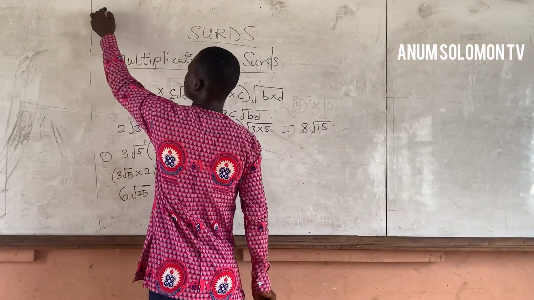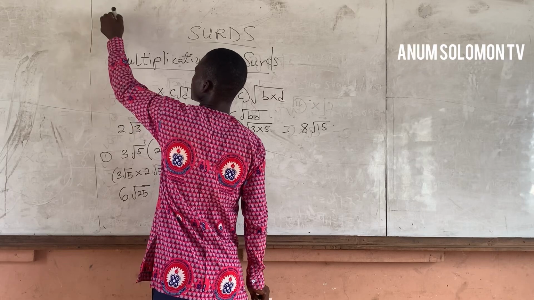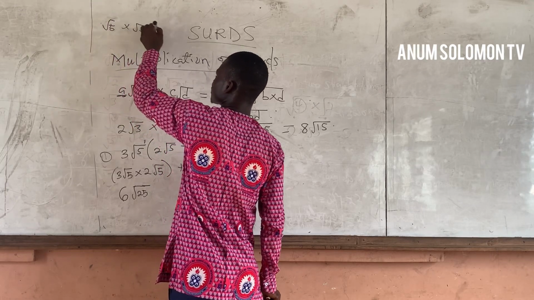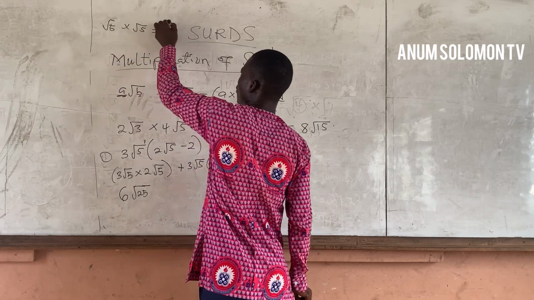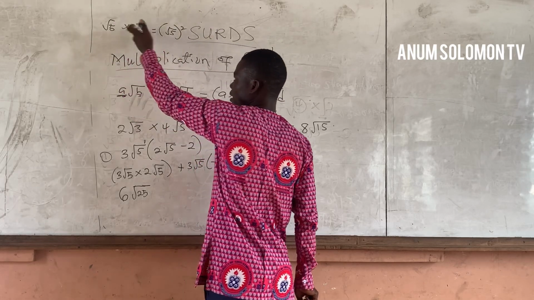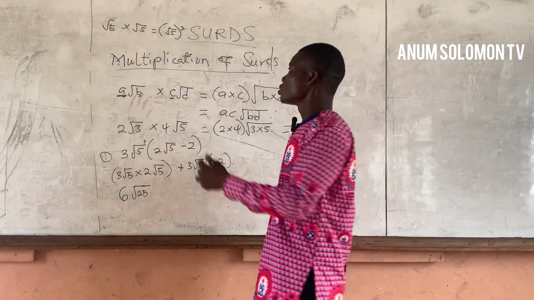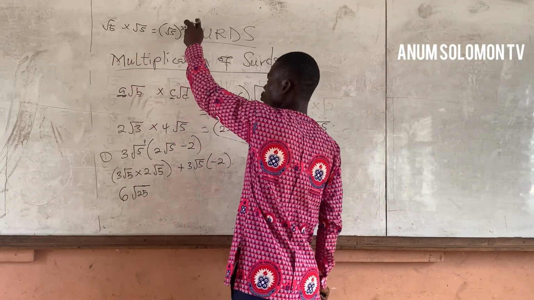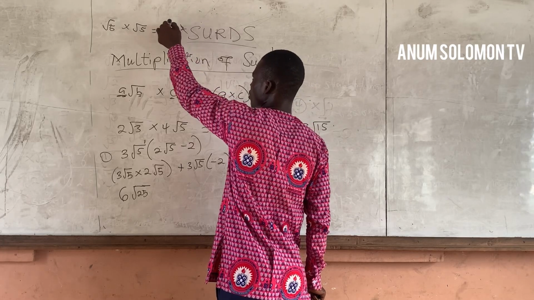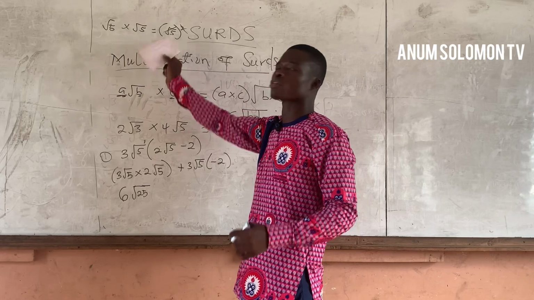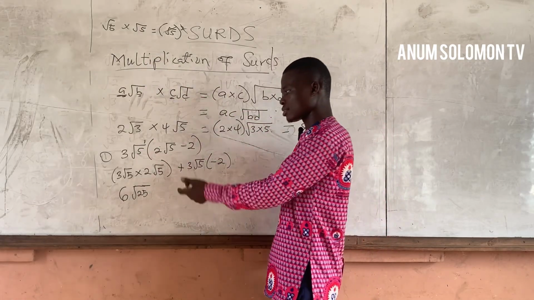Because root 5 times root 5 is equal to root 5 all squared. If it is x, x times x is what? x squared. So since they are the same form, root 5 times root 5 is root 5 all squared, so the square takes away the root. Meaning root 5 times root 5 is what? 5. You can just write it straightforwardly.